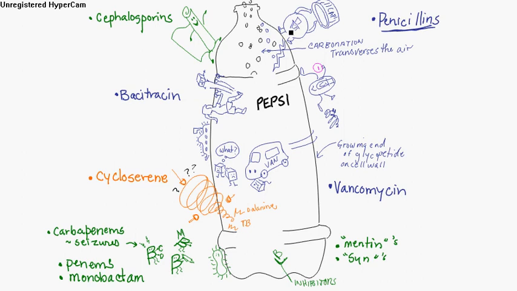So G is pretty narrow spectrum, but used for gram positive. That's why it's in kind of this indigo purple. And V is narrow spectrum, but it can be used for some gram negatives. Penicillin is the hapten that's responsible for hypersensitivity reactions.